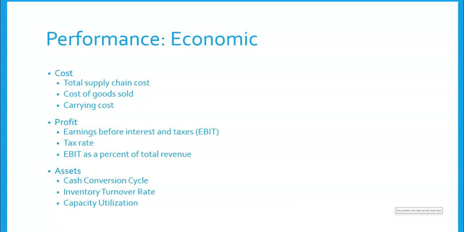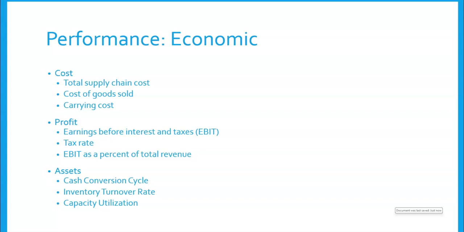Economic performance metrics are involved with how much does our supply chain cost? What is the carrying cost of inventory? What is our total cost of goods sold? Profit. How much do we make before earning interest and taxes, which is called EBIT in the accounting world?